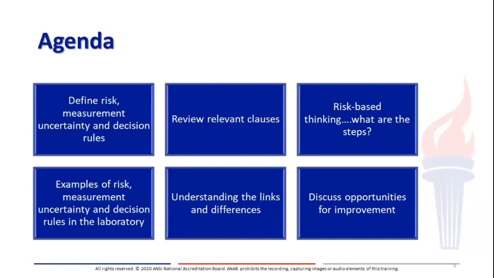We'll cover some of those. We'll take a look at some examples of risk, and the examples that we'll see as part of the presentation are taken from ILAC G8, which was recently released. Talk about how the links with contract review are associated with risk, uncertainty, and statements of conformance, and talk about some opportunities for improvement.